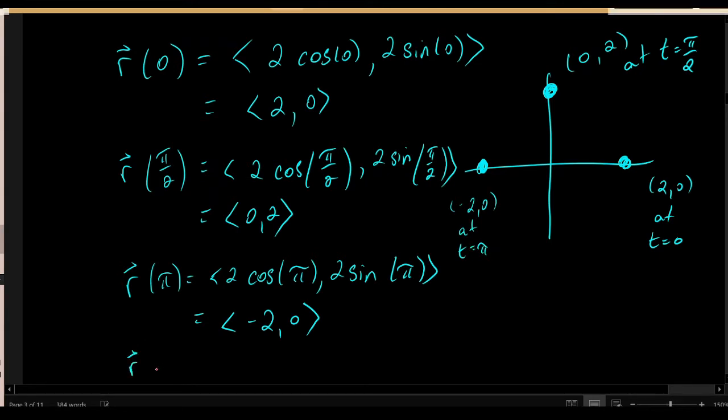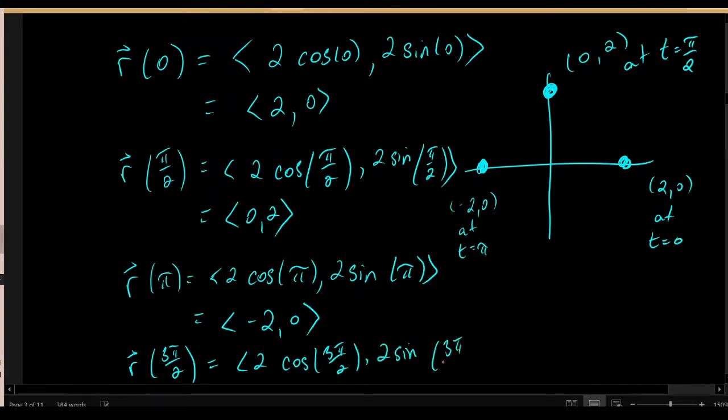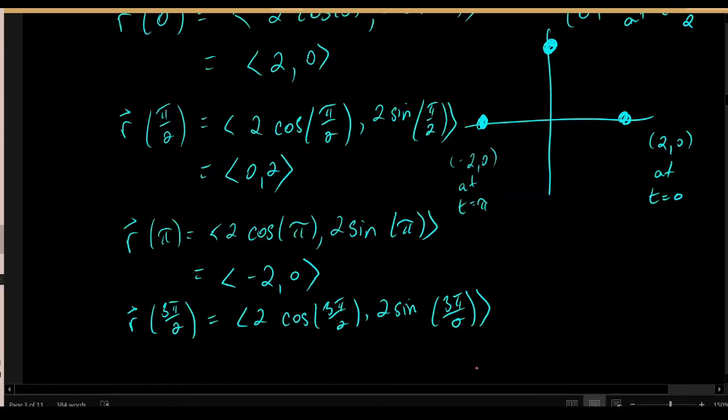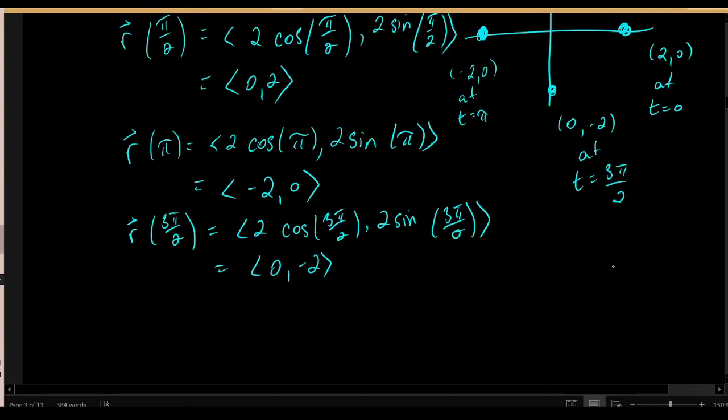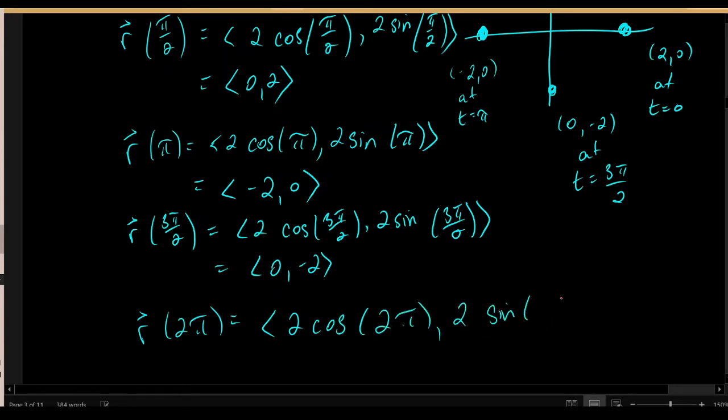And of course, 3 pi over 2 will just point straight down, giving us 0, negative 2. At the final value of t equals 2 pi, then we're back on the right side of the unit circle, so we're back to the point 2, 0.